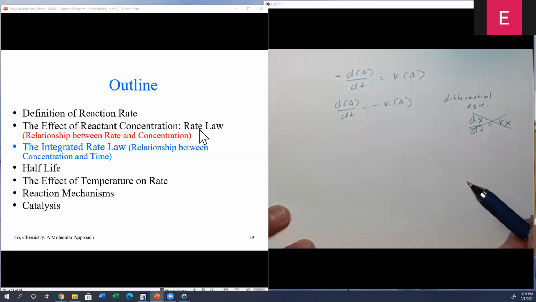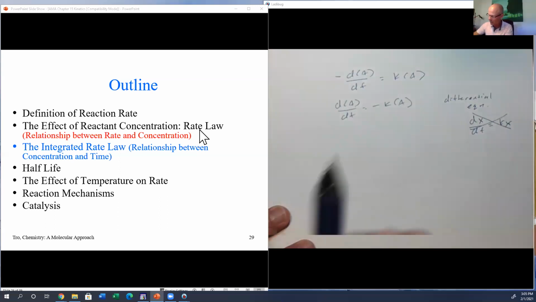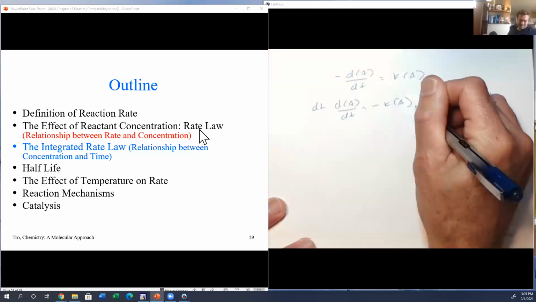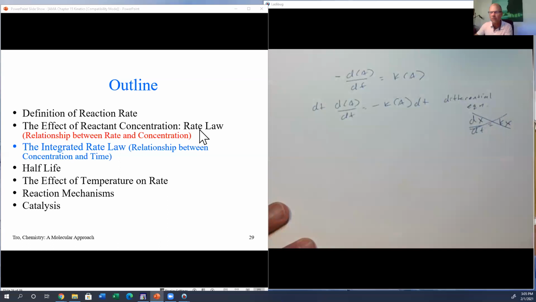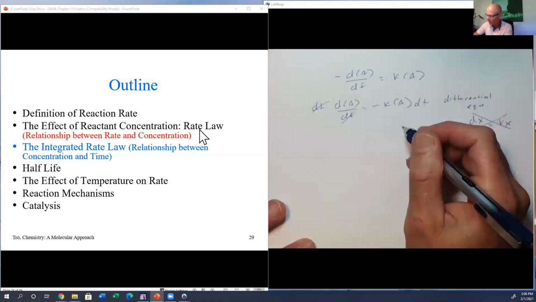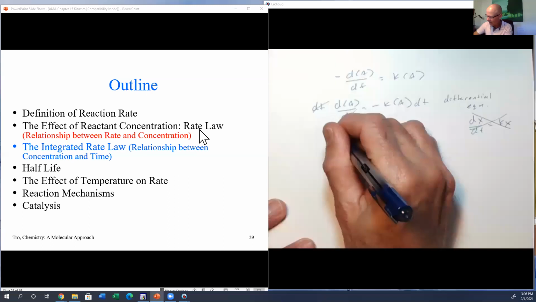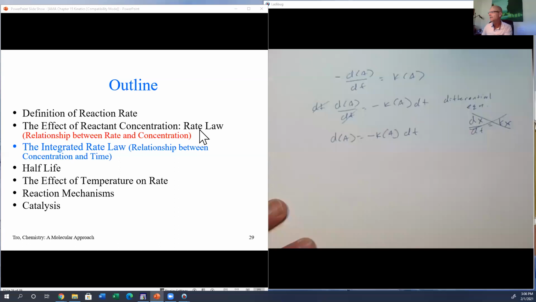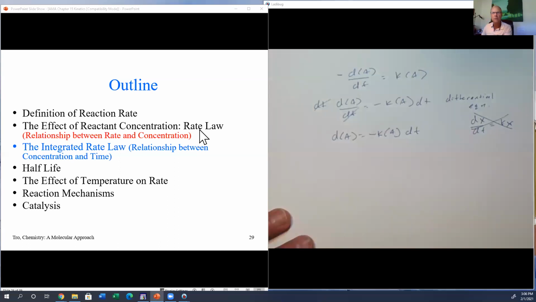You multiply by dt and then take the integral. That's right. Again, if you haven't had calculus, don't worry about this. You're not responsible for it. This is purely for entertainment. So dA is equal to minus kA dt.